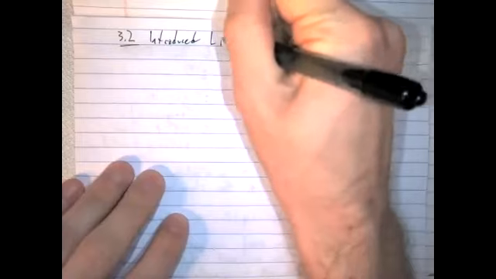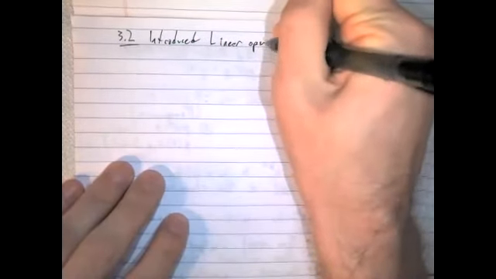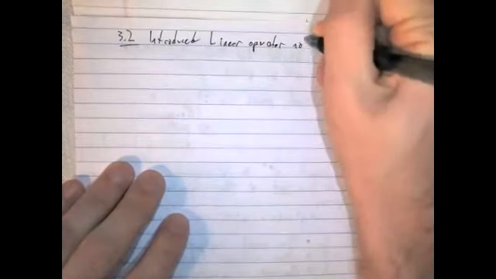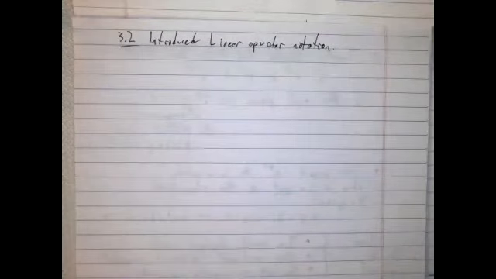So we got into the very beginnings of section 2. So what we did in 3.2 is the first thing that we did is we introduced linear operator notation. And then the real point of 3.2 is the following.